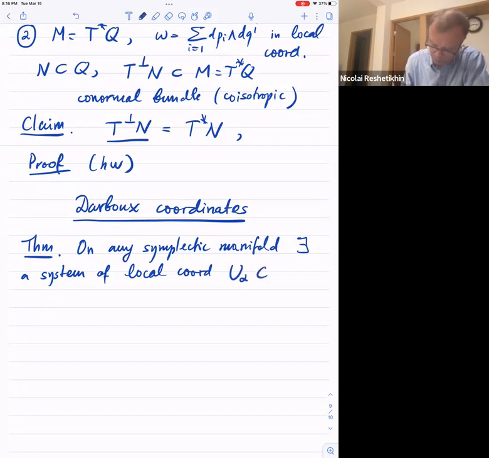This is the coordinate neighborhood, and on U_alpha we have coordinates p_alpha_i, q_alpha_i.